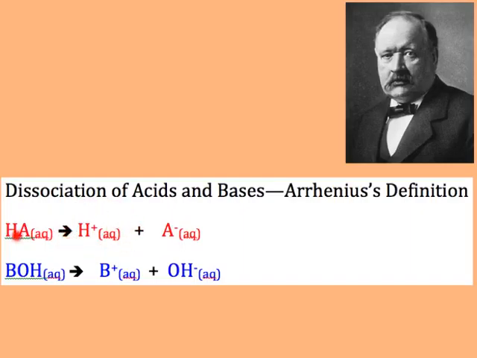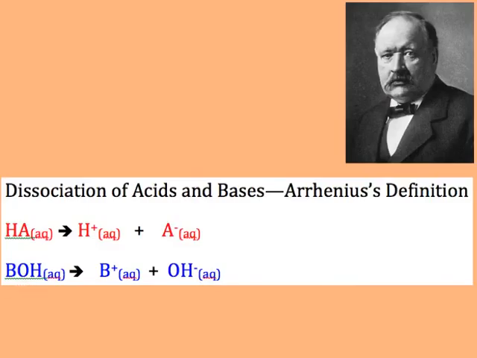Okay, that again, an acid is a substance that dissociates in water to create or produce H+ ions. That's what it is. So any substance that when dissolved in water produces H+ ions is technically an Arrhenius acid. Bases, on the other hand, are substances that when they dissociate form OH- or hydroxide ions.